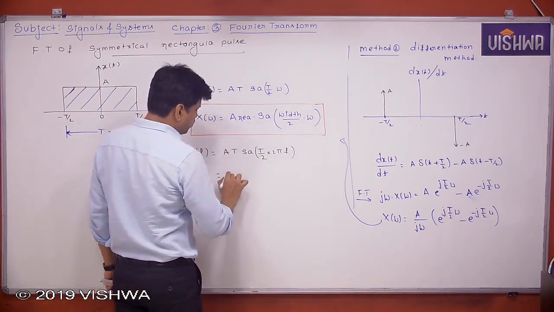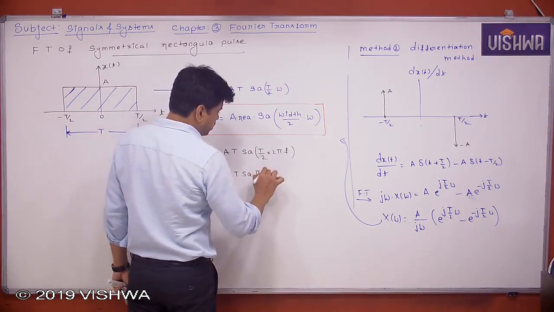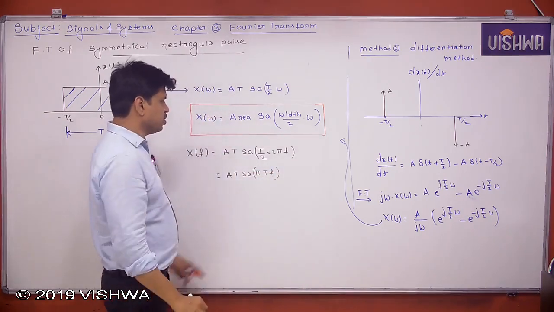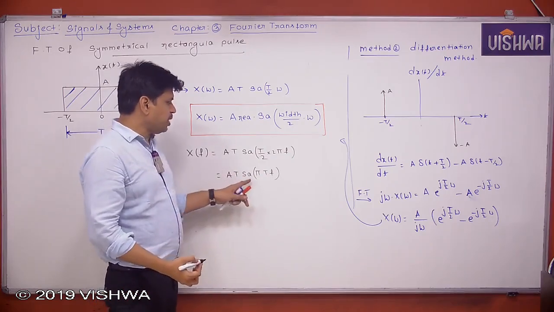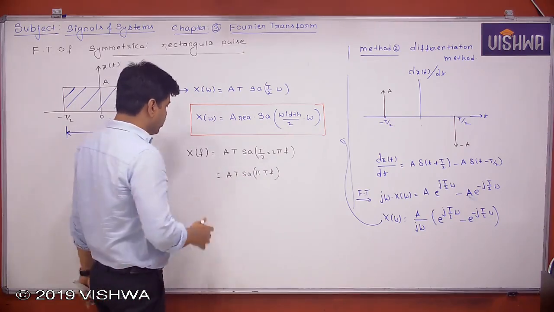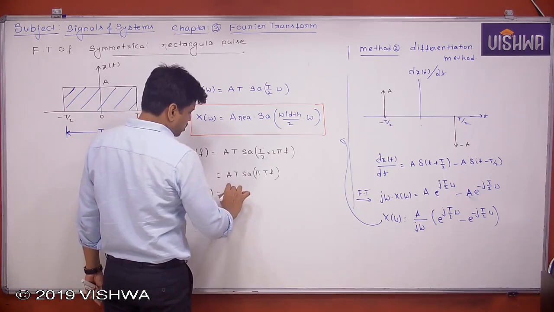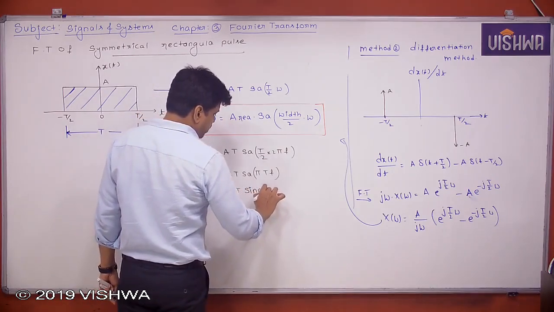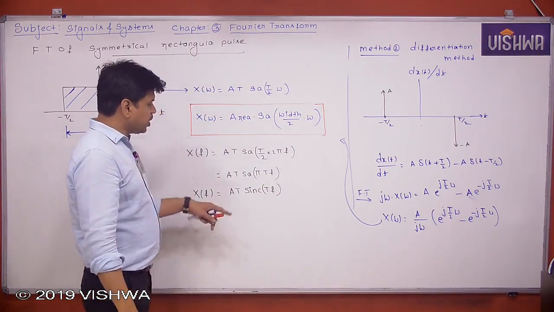Finally we are left with AT sampling pi T f. And we know sampling of pi something can be written in terms of the sinc function. So finally X of f is nothing but AT sinc(Tf).